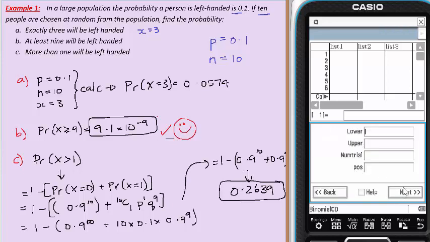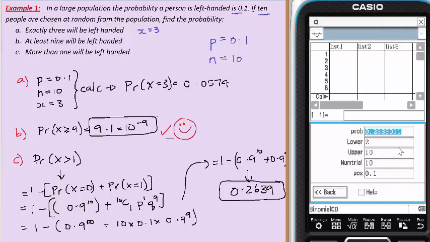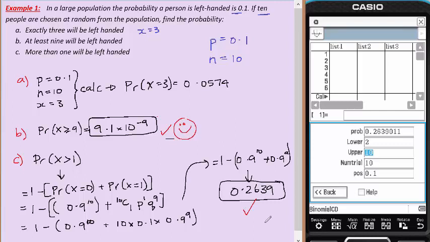And remember, when we're talking about more than 1, our lower boundary will be 2 people. The upper will be 10. There are 10 trials, and the probability of success is 0.1. We'll hit that, and wouldn't you know it, we get 0.2639. So once again, we're on fire and in a world of happiness.